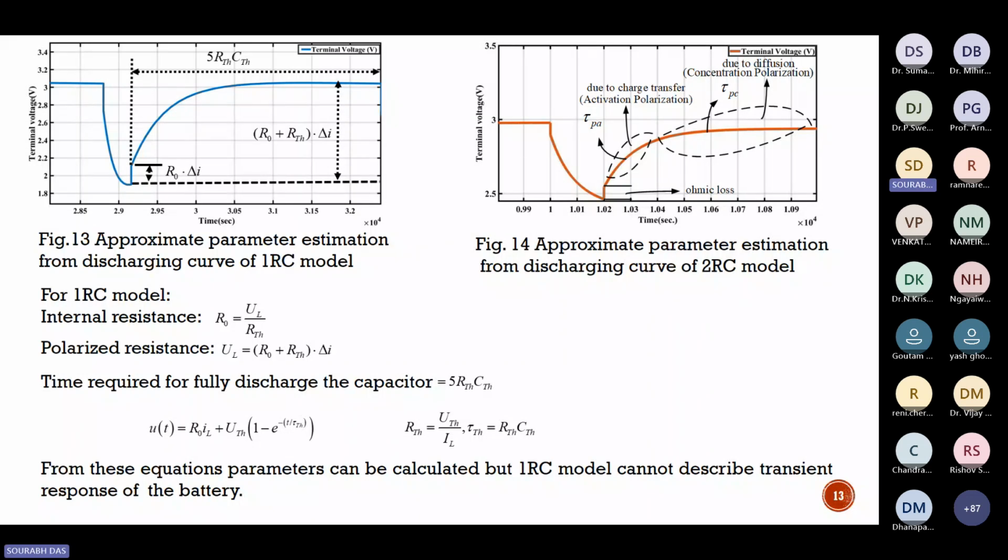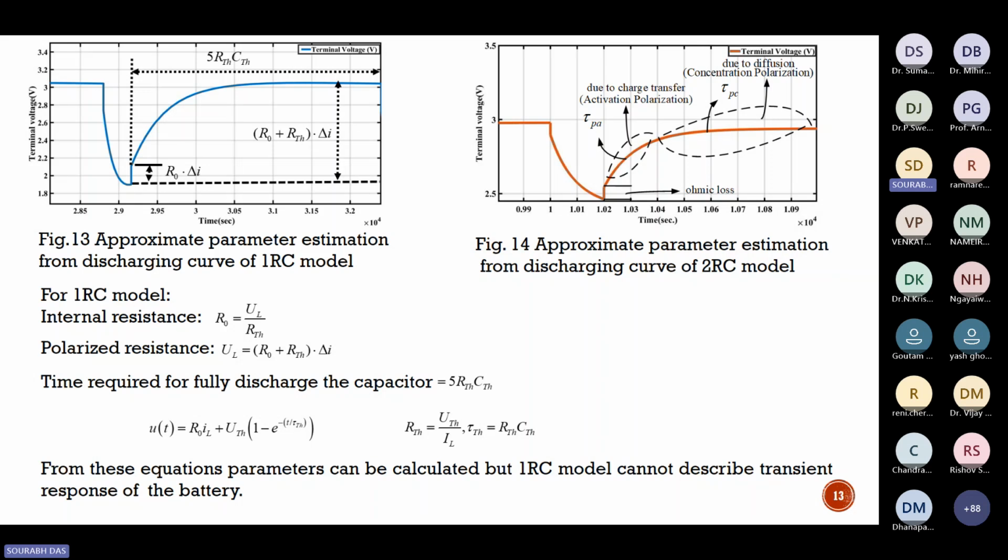So then comes to the figure 14. So here, if we explain the 2RC model, then we know that there are two types of polarization. One is activation polarization, and another is the concentration polarization. So ohmic loss is same for these two models.